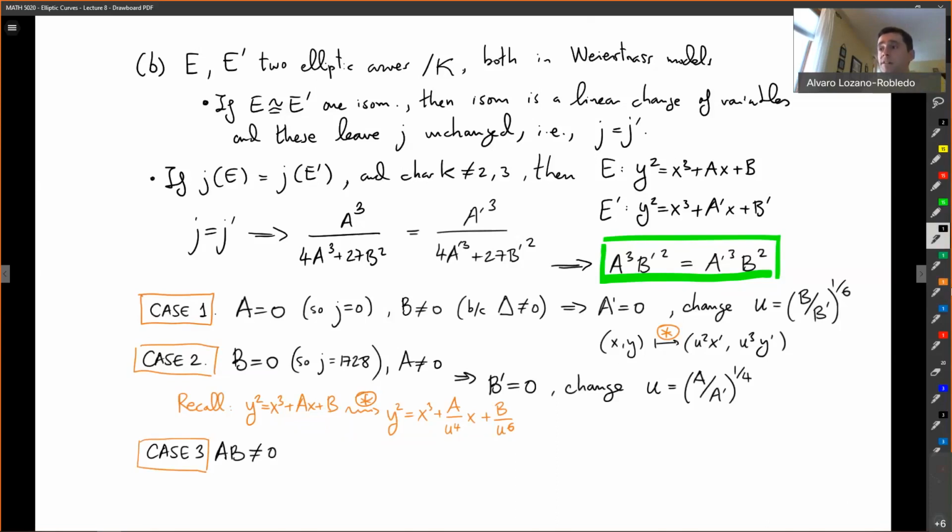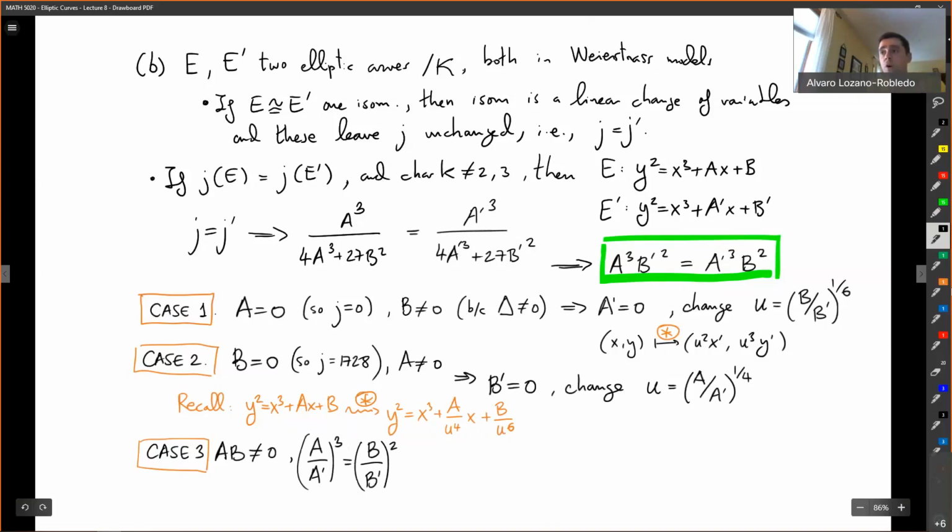If A times B is non-zero, then you see that the equation in green tells me that A over A prime cubed equals B over B prime squared.